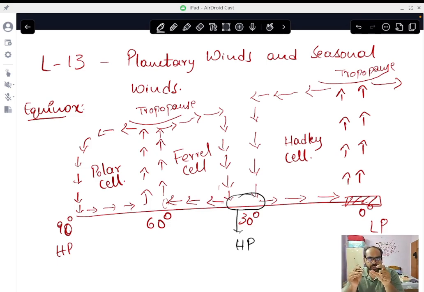Whenever low pressure is developed, air from high pressure converges at the low pressure. So whenever there is convergence, there will be low pressure, and cold air descends down, so a high pressure is developed, and that high pressure travels towards the low pressure areas. So there is divergence at high pressure areas. At the subtropical region we can see divergence. Whenever there is divergence, there is high pressure. At the subpolar region, there is convergence, so it is low pressure.